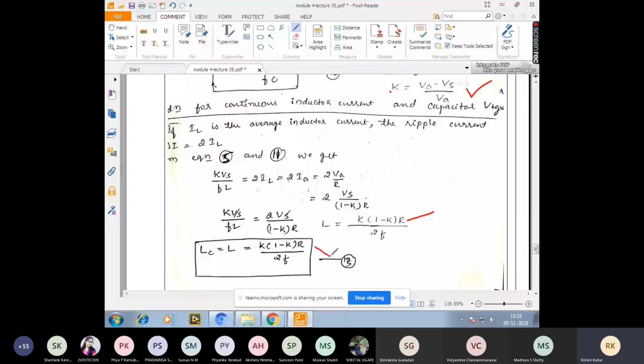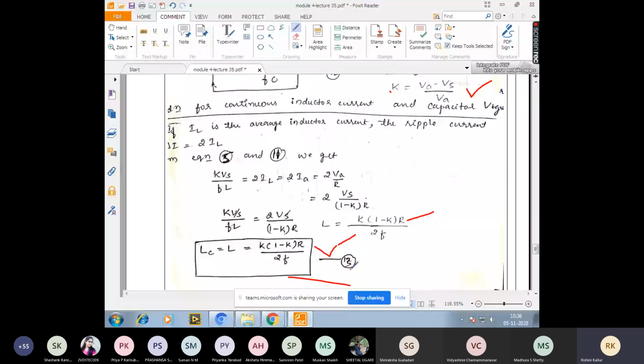This is the critical value of inductance to be calculated, equal to Lc, which is K into (1 minus K) into R over 2F. This is what is required for us during the design time so that I'll be getting a continuous current in the conduction. Okay, and we'll call this equation number 13.